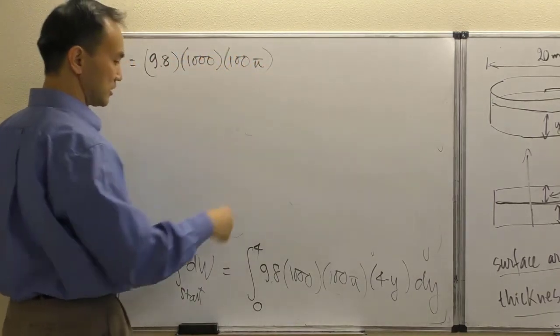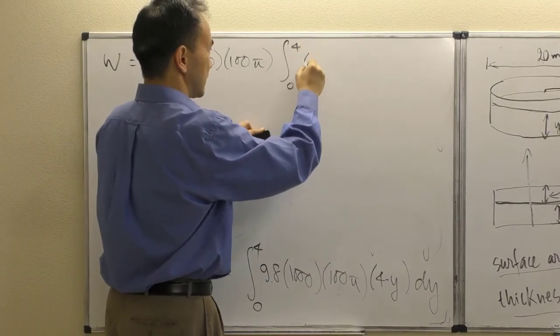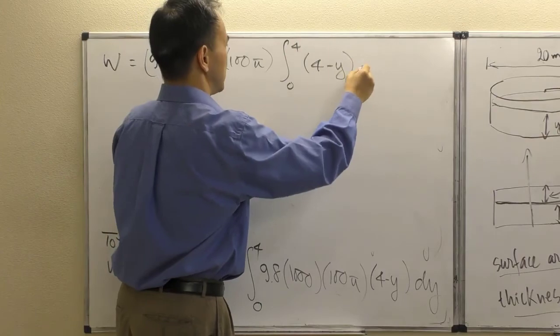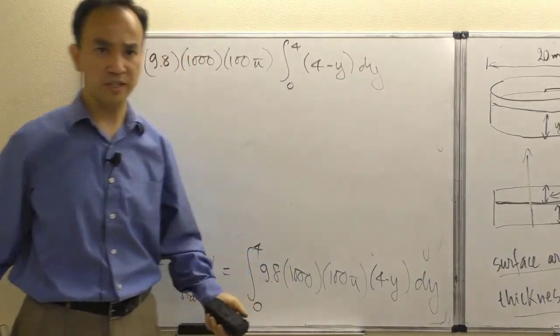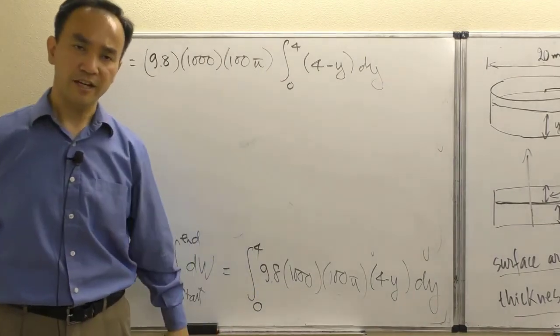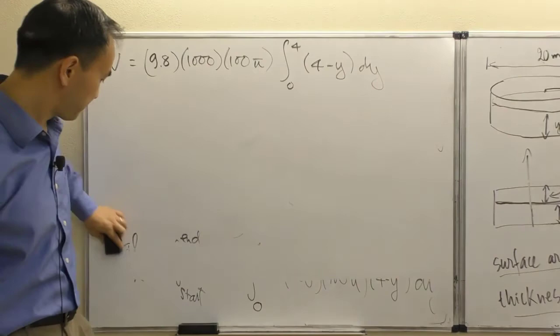These are all constant coefficients. Now multiply with the integral from 0 to 4 of (4 minus y) dy. The integral surprisingly turns so simple once we've completed setting it up.